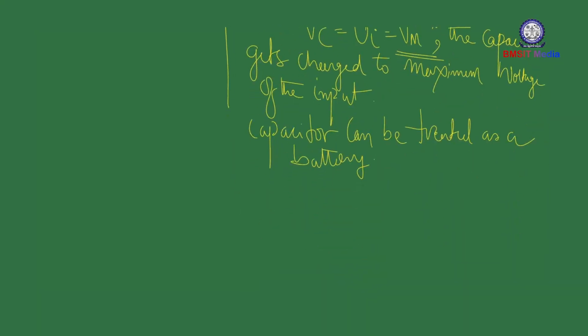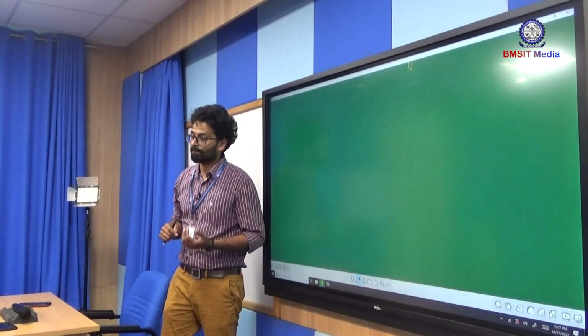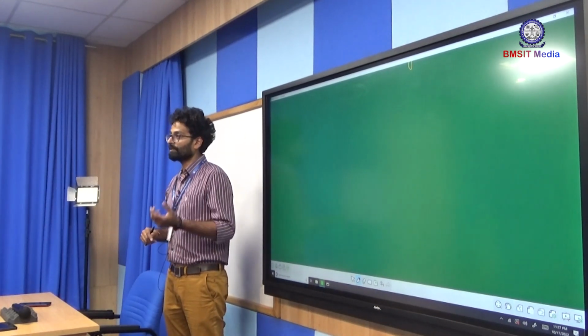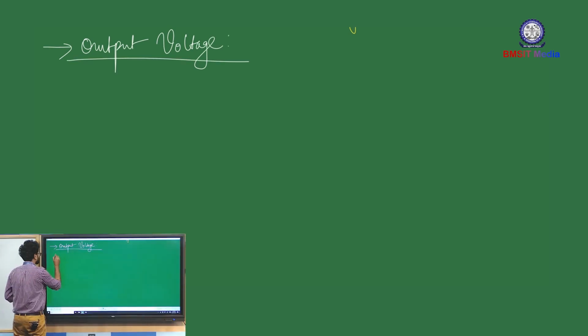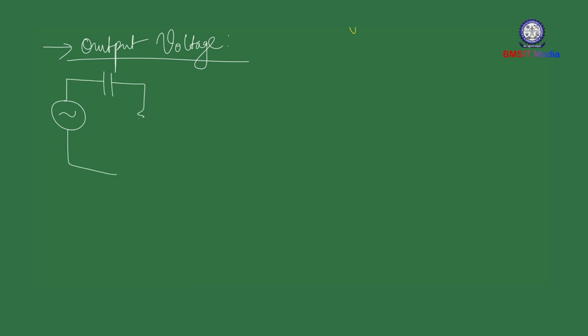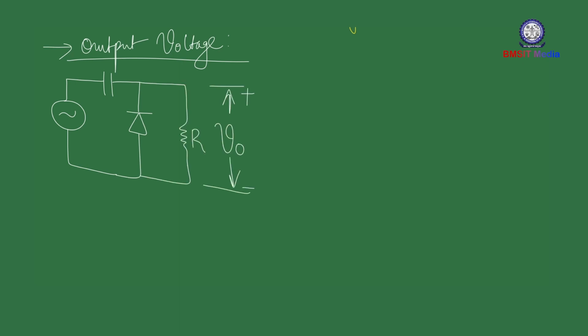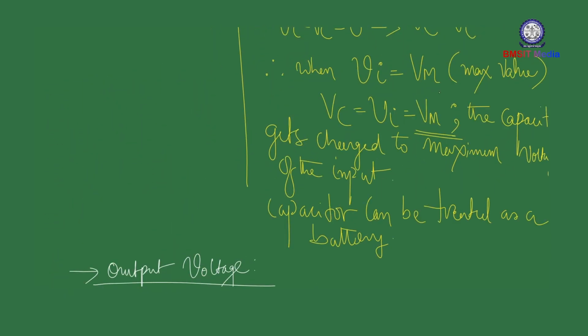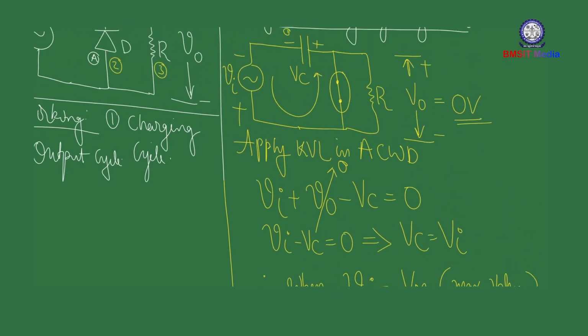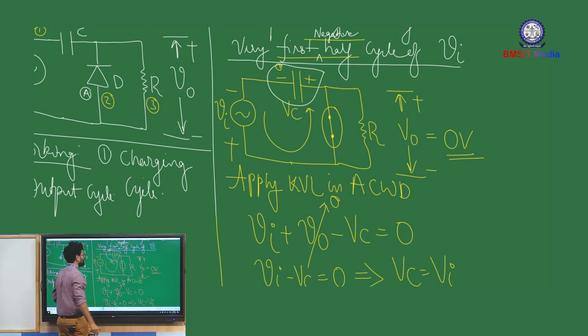Now let us discuss the output, how this capacitor voltage is going to affect the output waveform. Let me redraw the circuit. So this is Vc, and remember that Vc is charged to Vm volts. Also take care of the polarity.